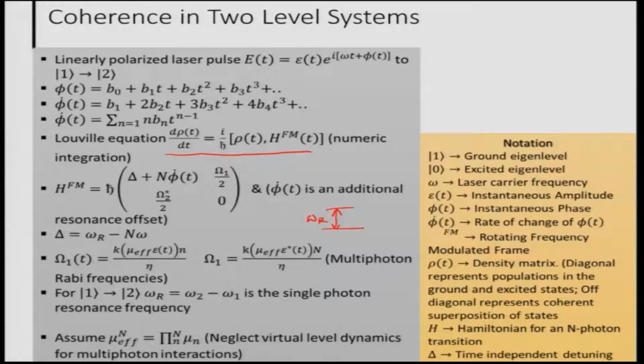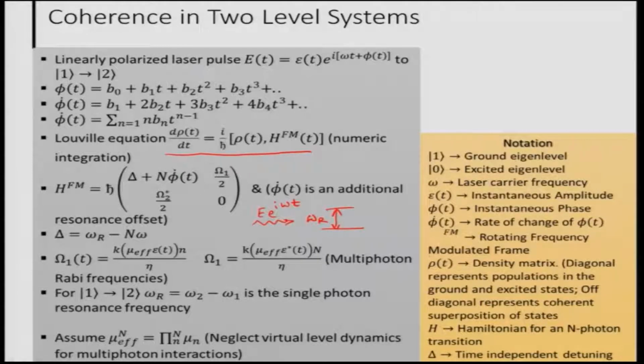Omega r is the resonance energy gap, and the difference of this energy gap to the applied field energy is the one which gives rise to the detuning delta as has been shown here.